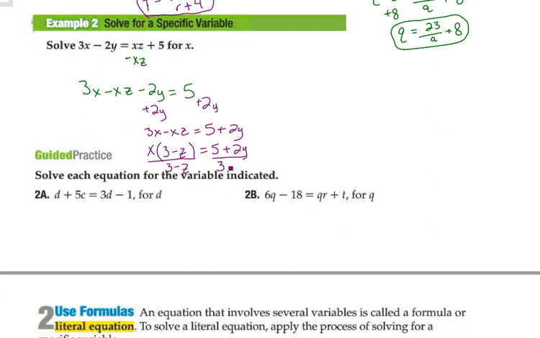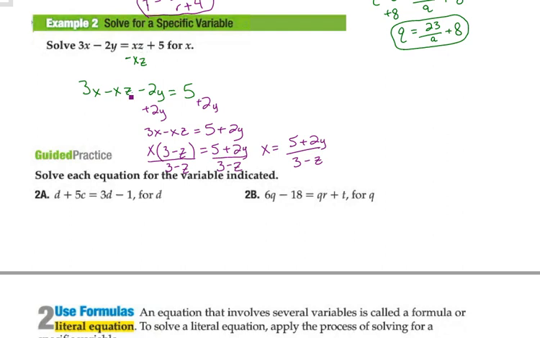That's okay in this situation. If you want to keep those parentheses, you can. So final answer. That cancels those two out. So I'm left with an x that equals 5 plus 2y divided by 3 minus z. And this is what you call a pretty crazy answer.